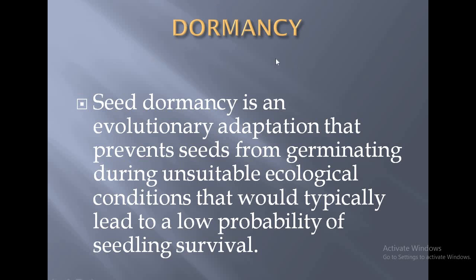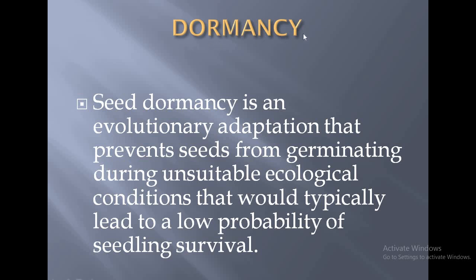Dormancy is the phase in which the rate of metabolic activities is reduced and the seed remains alive, but the seed is in an inactive state. So once the dormancy is over, only then will the seed go for the process of germination. So first the seed has to cross the period of dormancy to go for germination.